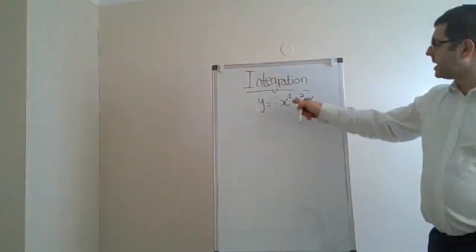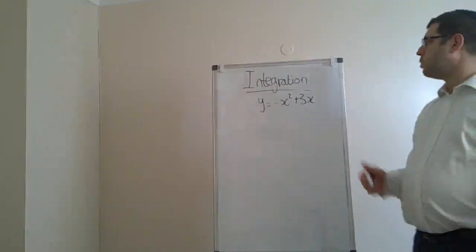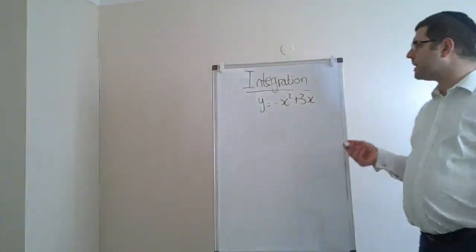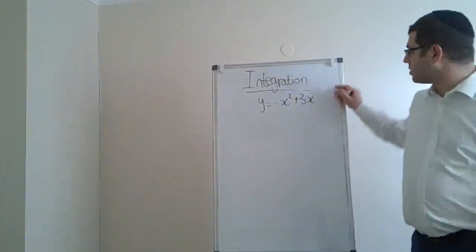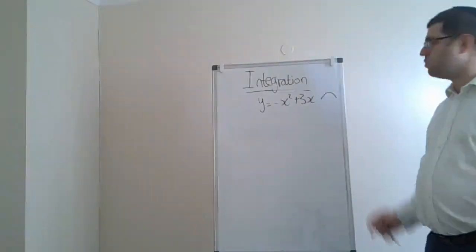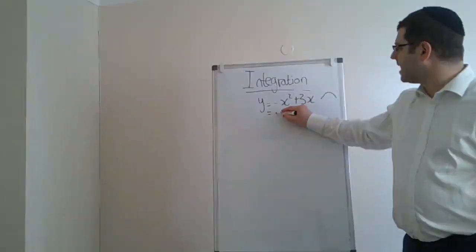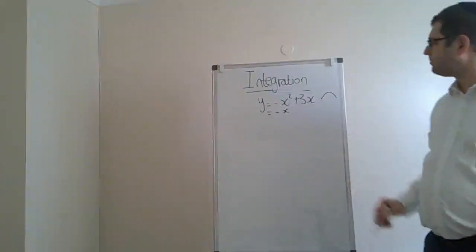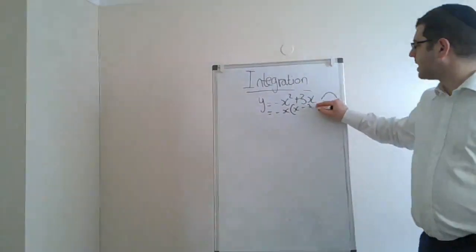So, minus x squared plus 3x, hopefully we can recognise it's a quadratic graph. And all we really are interested to do is to sketch the shape, and we can see it's got a negative coefficient, so it's going to look like this. And we're interested in the roots. Really, that's all we really need for this sketch. So if we factorise this, I can see I can take out minus x, and then this bracket must be x minus 3.